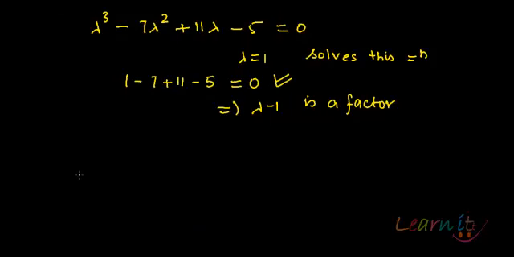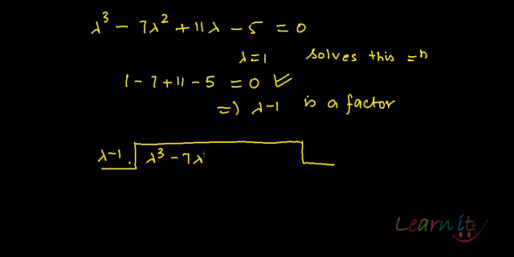To find out the second factor, what we can do is a polynomial division, wherein we divide the whole cubic by lambda minus 1. So I have a cubic, lambda cube minus 7 lambda square plus 11 lambda minus 5, divided by lambda minus 1.